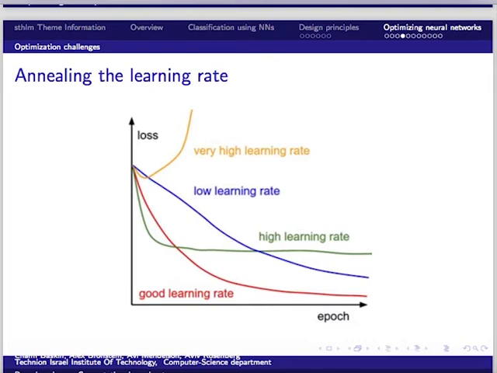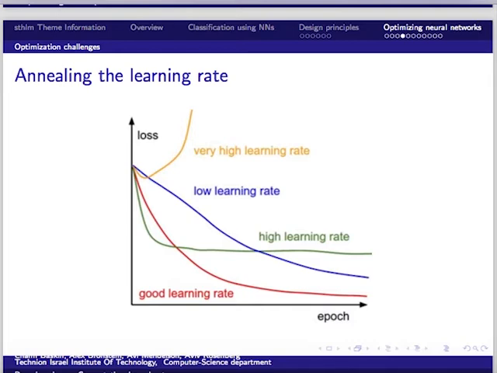Now take a look at the high learning rate. If you take a high learning rate, you will start to reduce your loss more dramatically, but you will not reach a good local minima because of the problems we talked about before; we will get off our curves.